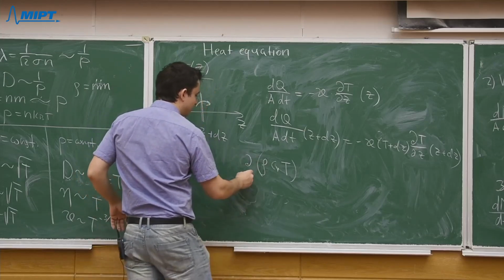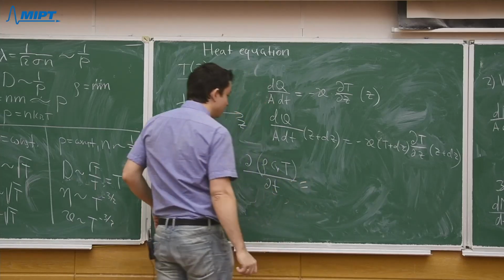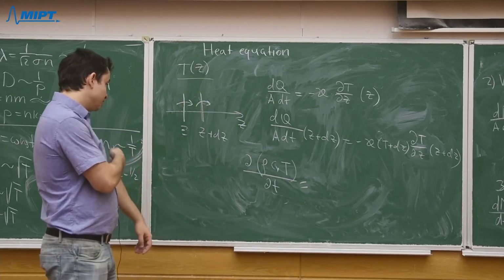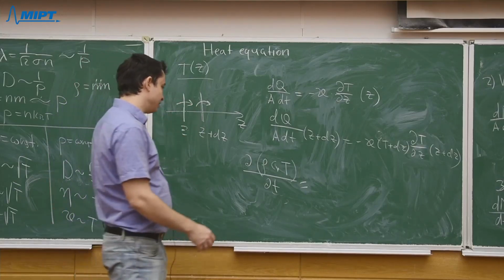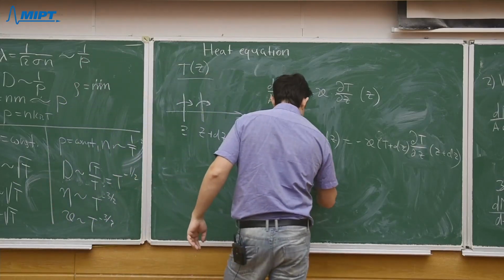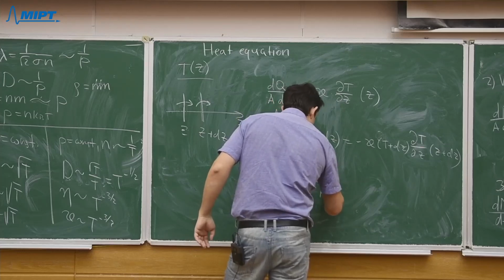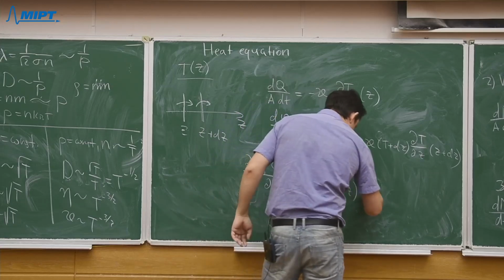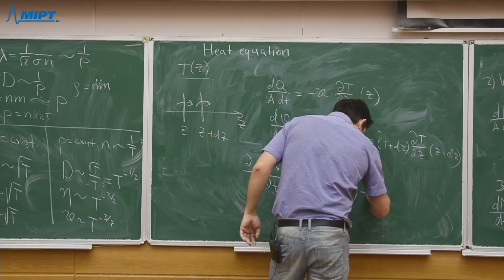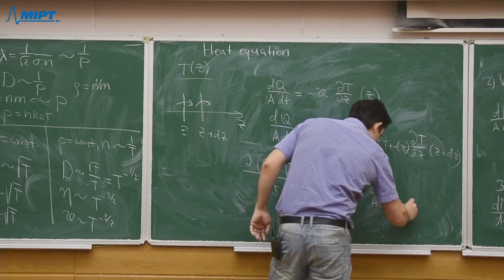And if we calculate the time derivative of this, then it should be equal to the inflow of heat into our system. So I need to calculate it as dQ over A dt at point z minus the same function at z plus dz.